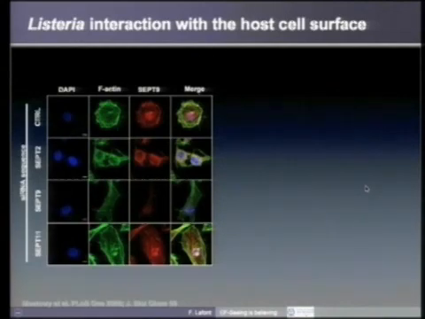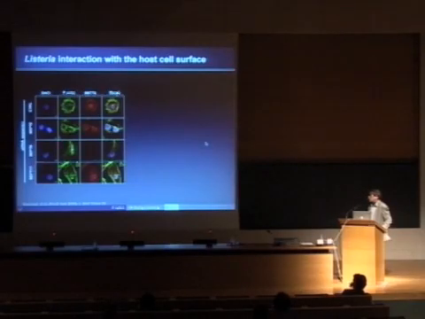expressing siRNA against different kinds of septins, they could show on uninfected cells a difference in morphology that you can see here and here following actin staining.